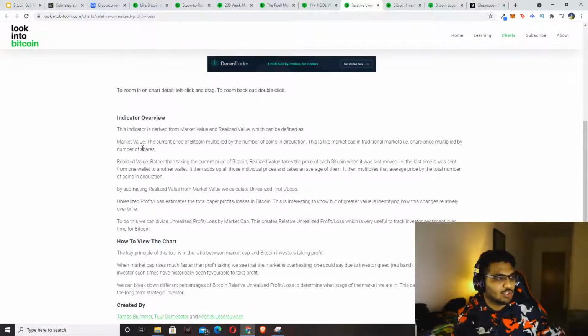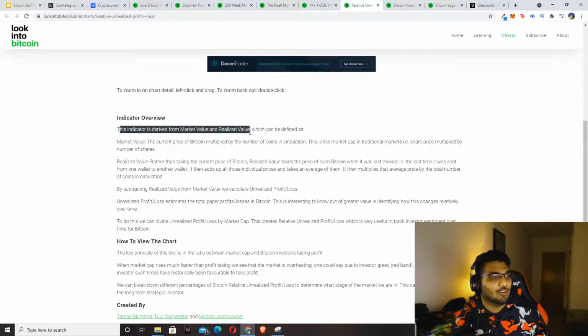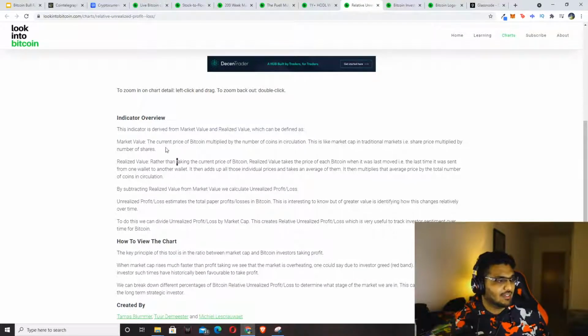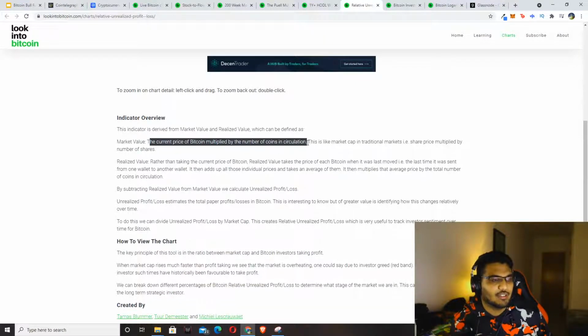And let's just go through the overview. This indicator is derived from market value and realized value, which can be defined as, so you're going to define the market value. Market value, the current price of Bitcoin multiplied by the number of coins in circulation, aka the market cap. This is like market cap in traditional markets, share price multiplied by the number of shares.